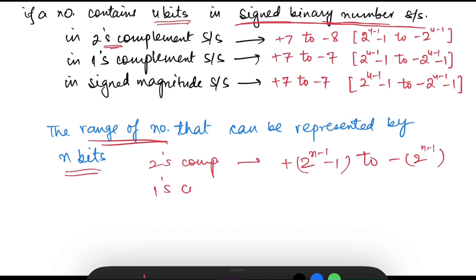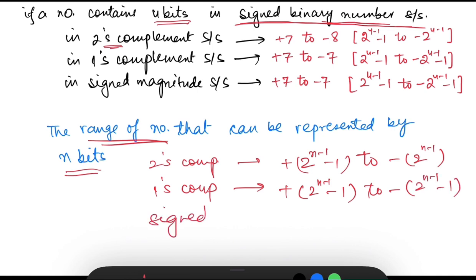In the one's complement number system, it will be plus 2 raised to the power n minus 1, minus 1 to minus 2 raised to the power n minus 1, minus 1. And in sign magnitude, it is the same as one's complement. It is plus 2 raised to the power n minus 1, minus 1 to minus 2 raised to the power n minus 1, minus 1.